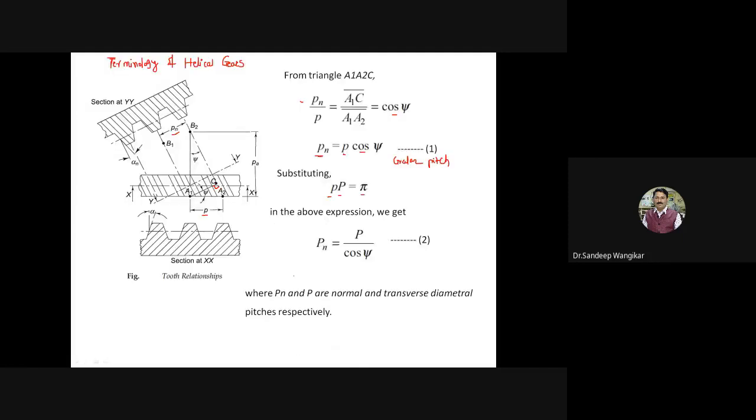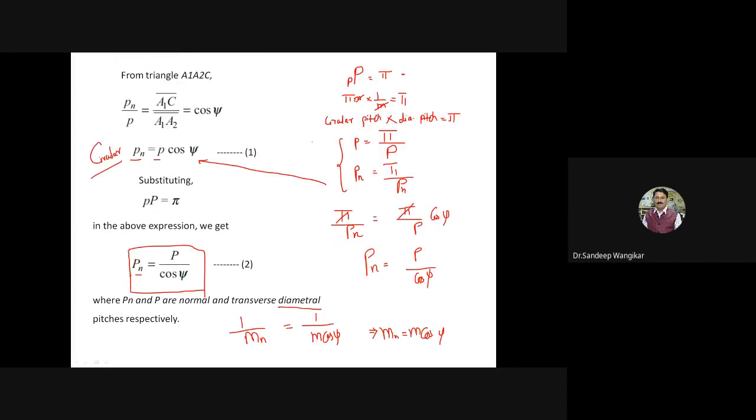Then terminology. We have discussed this, and from the figure we get a relation between Pn and P, the circular pitches. This slide I will explain. We have converted this circular pitch into diametral pitch, and the relation is Pn equal to P divided by cos of psi.